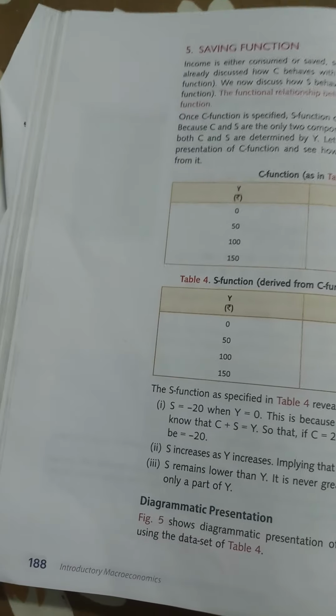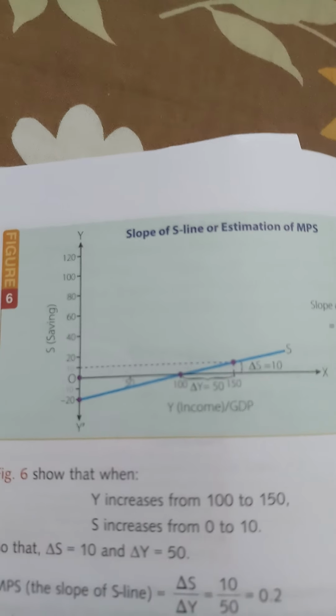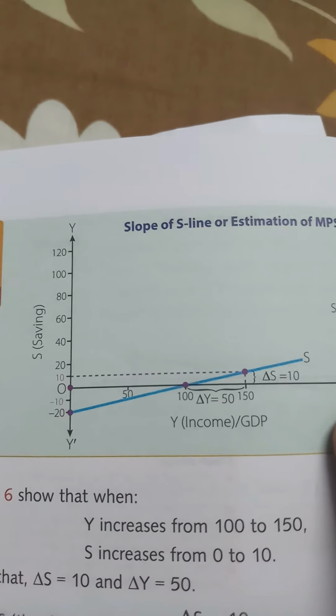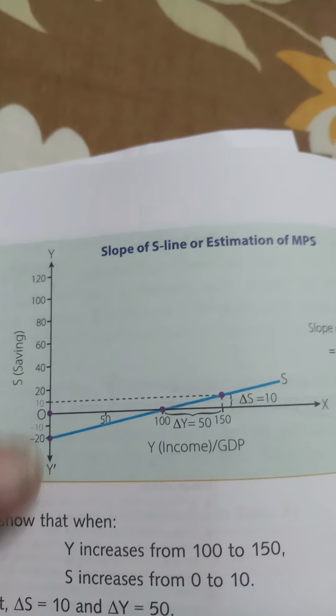Now, if you look at the diagram based on the table that is being shown to you, you can see first of all that the X axis is the income axis while the Y axis is saving. And you can see over here this Y axis has also been marked downwards.